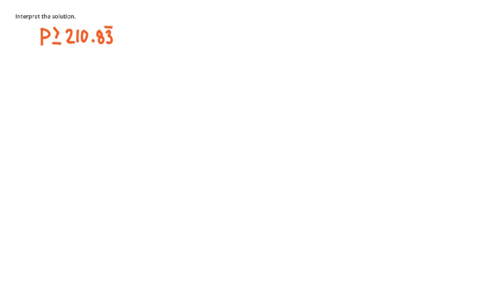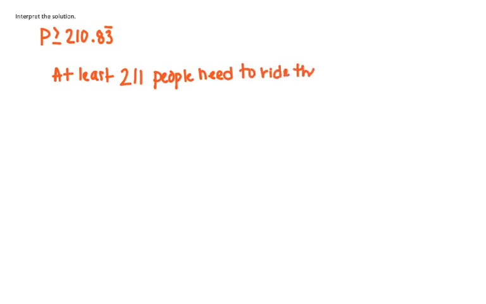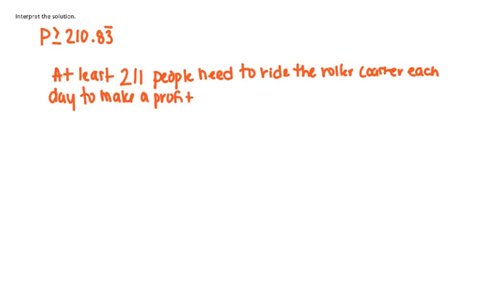If not more than that, in order for him to make at least $1,000. So I'm going to round up, at least 211 people need to ride the roller coaster each day to make a profit of $1,000 per day.